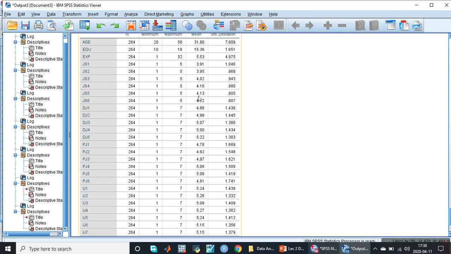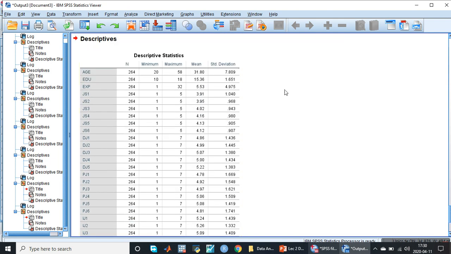Okay, now these are the results. And in the formation of your research document, you will write it like this. The minimum age of the individual who filled the questionnaire was 6, while the maximum age was 58, and the average age was 32 years.